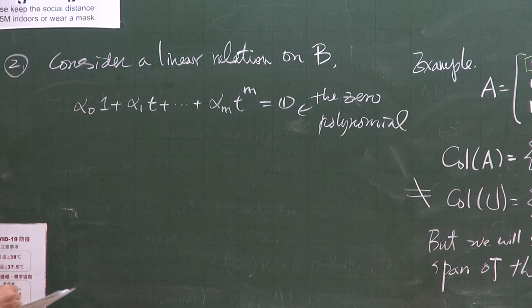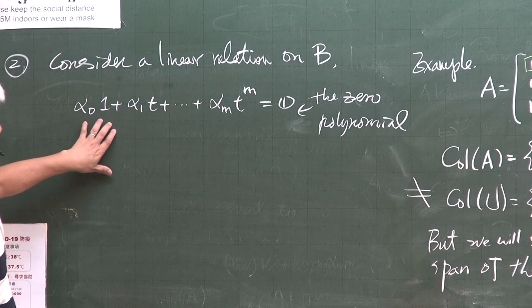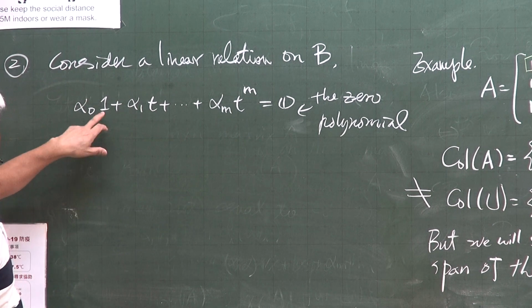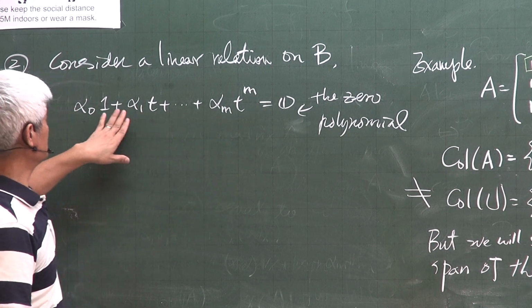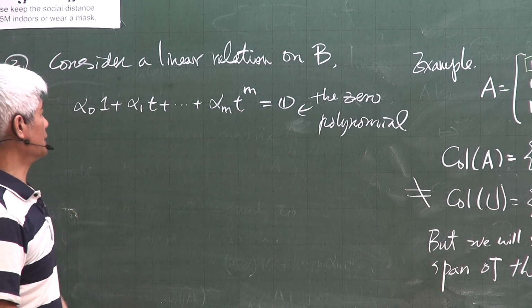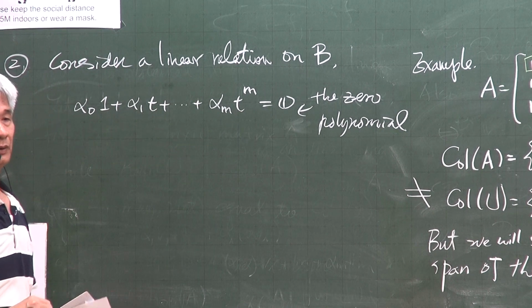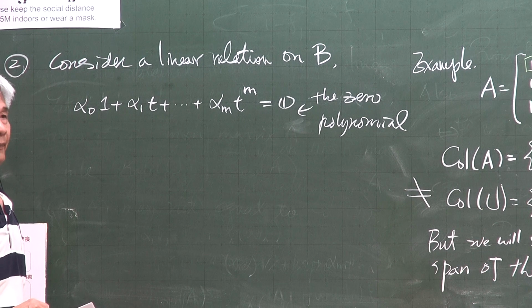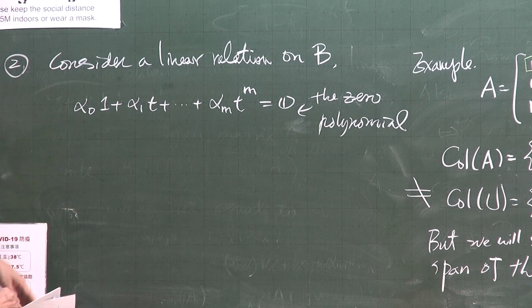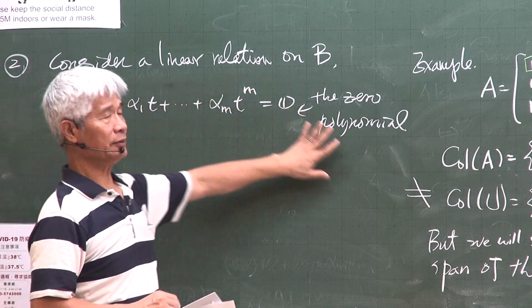So suppose we have a linear relation, a linear combination of the first m plus 1 monomials, and we say that this is the 0 polynomial.